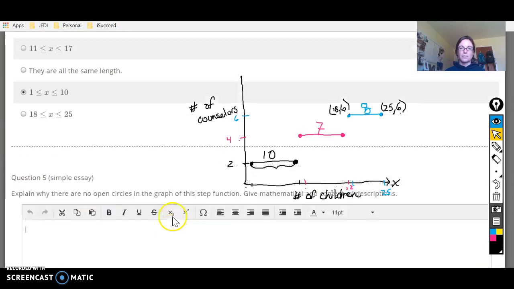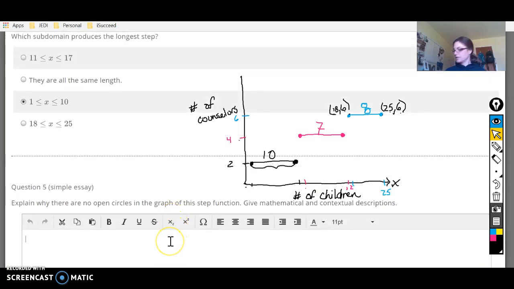So the way I would type this is: there cannot be a group with a non-integer number of children. We can't have half a kid.